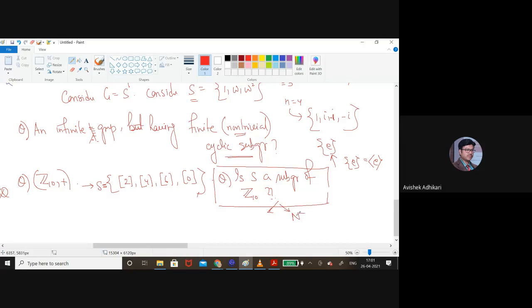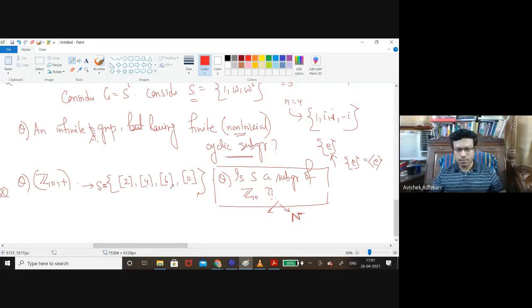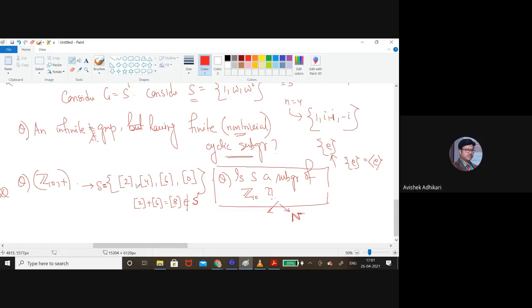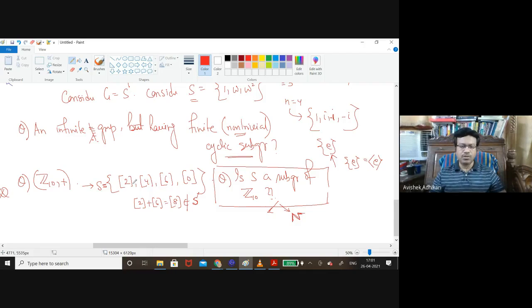So it's no. As you mentioned, 2 plus 6 is 8, and that is not within S. As a result, this can never be a closed subset, because the closure property doesn't hold here. So S under plus can never be a group. As I mentioned, by its own it should be a group to be a subgroup. So the answer is no. Very good.